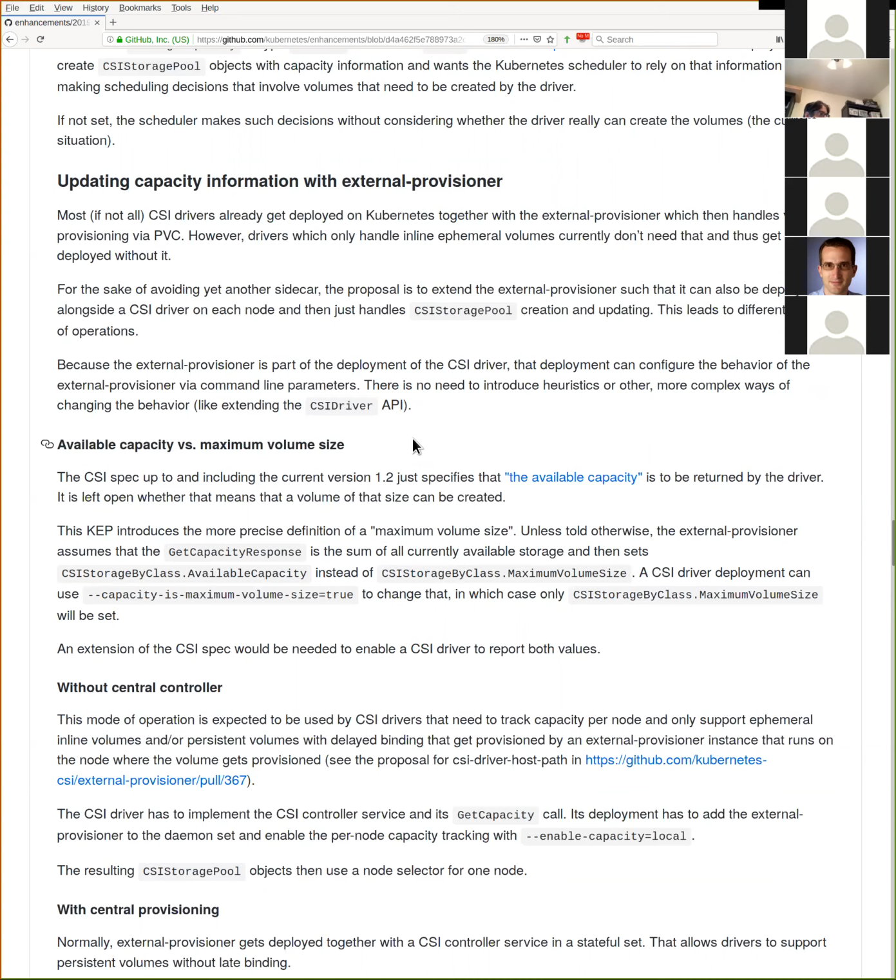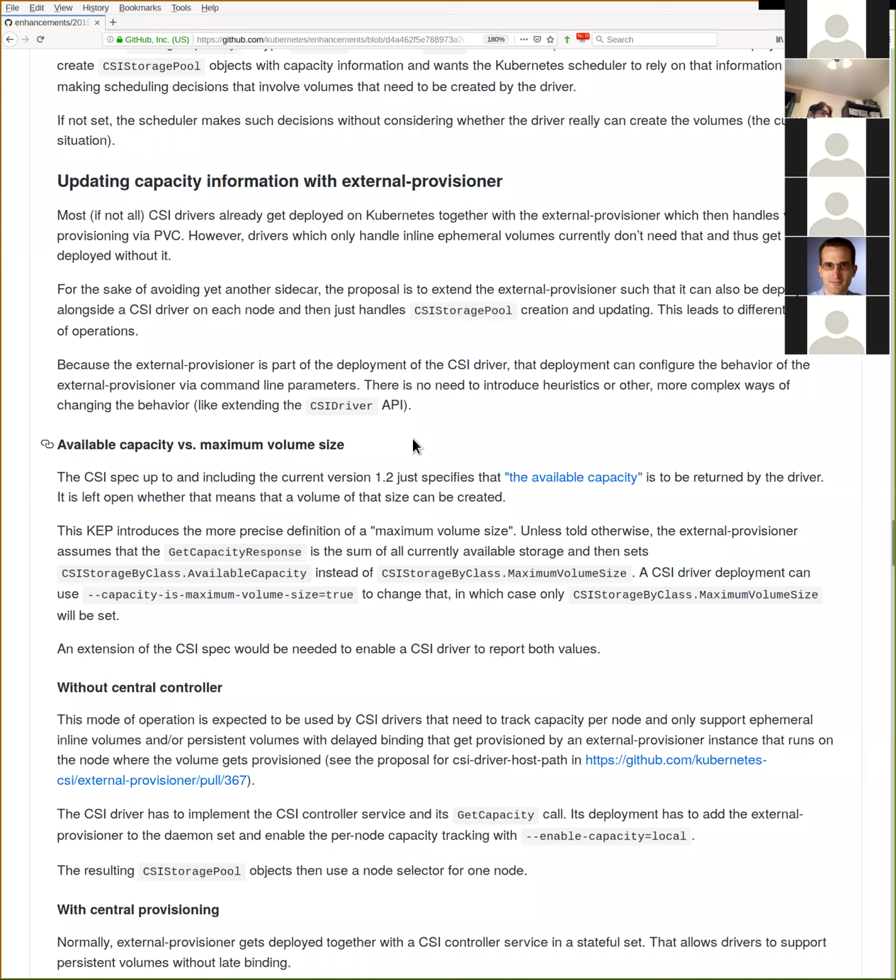Whether the capacity response is the current total capacity, and that just sums up all the available space. For a storage system that is completely linear and has no fragmentation issues, that's probably the right solution. You can take that available capacity and split it up in whatever way you want. And if you have a volume that is smaller than the available capacity, you have a reasonable chance to actually provision it.